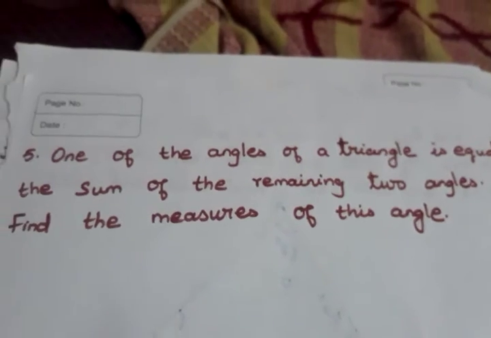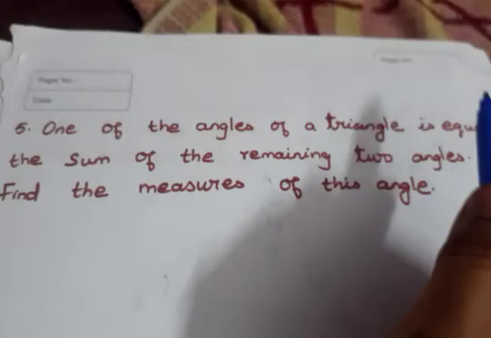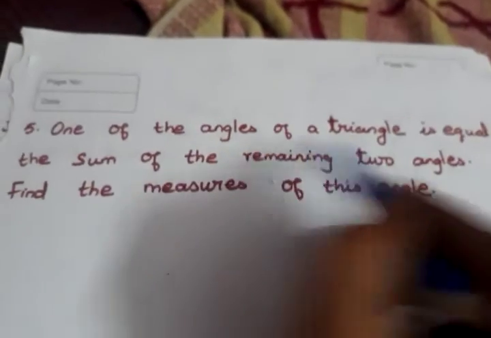Fifth one. One of the angles of a triangle is equal to the sum of the remaining two angles.